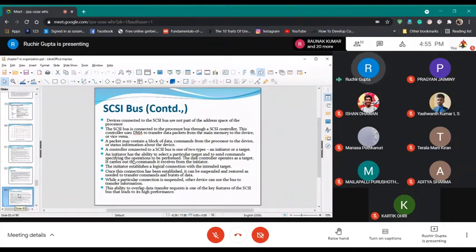So the point is, you are transferring a bulk of data, and that bulk of data will not be available in a single sector, nor will it be available in contiguous sectors. That means you have to travel from sector to sector for transferring this kind of data.